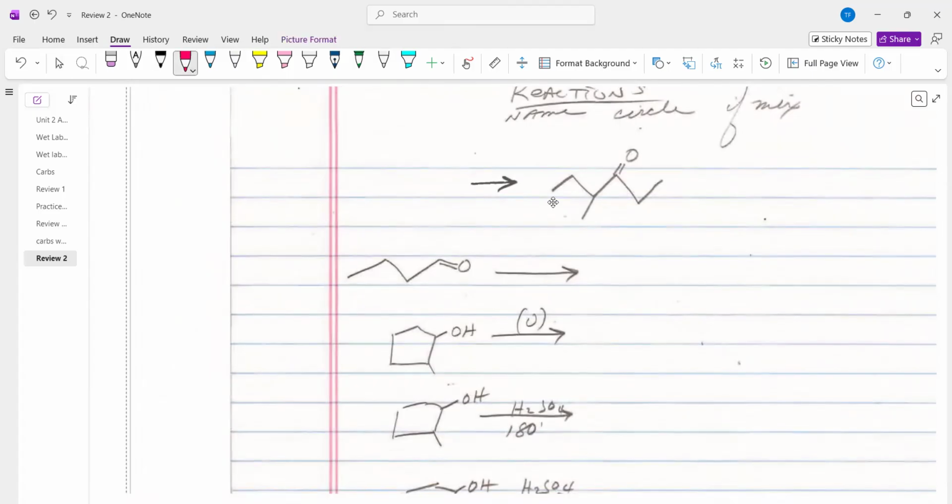This is a six-membered backbone. Okay, and we're going to oxidize that.